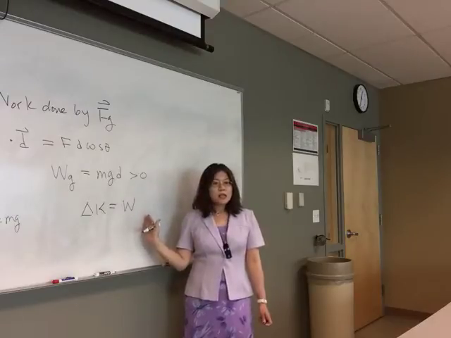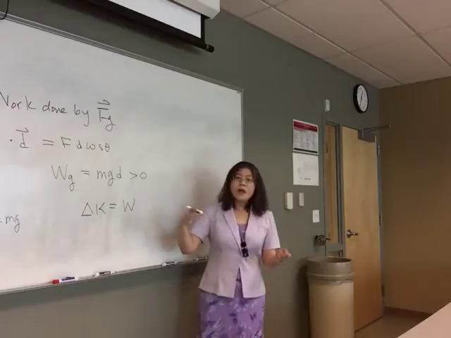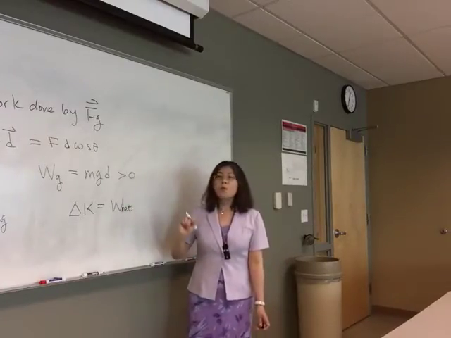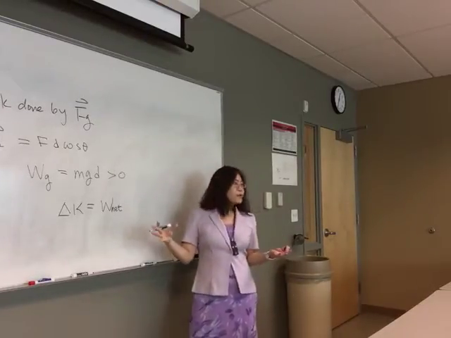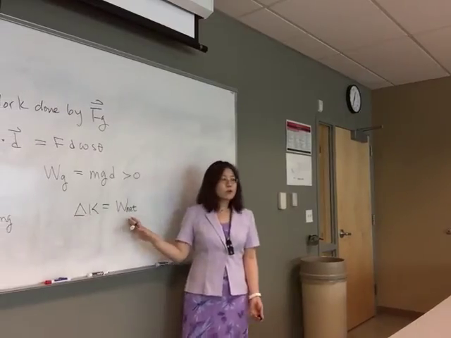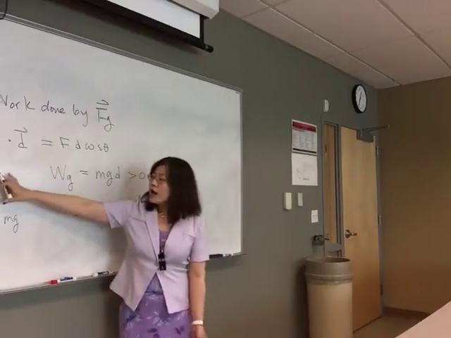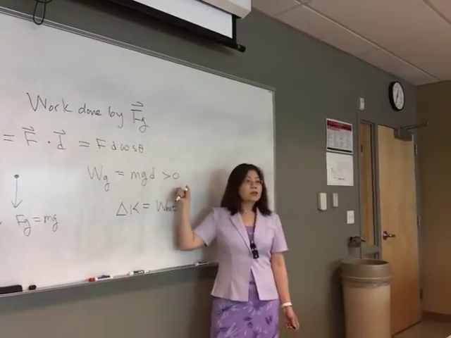The work is done to change kinetic energy. Of course, there might be other forces present, so in general, we should say that it's net work. Net work done by the forces is used to change kinetic energy. So delta K is equal to the net work. In this case, when the object is moving downward, the gravitational force does positive work.